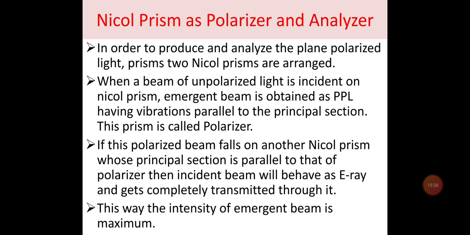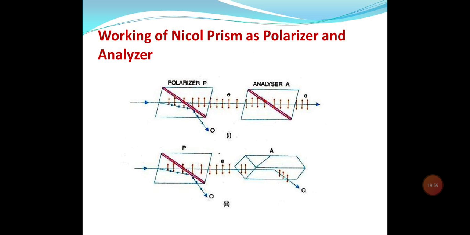Now if this polarized beam falls on another Nicol prism, acting as the analyzer, whose principal section is parallel to that of the polarizer, then the incident beam will behave as the E ray and will be completely transmitted through it. In this way, the intensity of the emergent beam is maximum. You can understand this phenomenon with the help of this figure. I have explained figure number 1, that is, the polarizer and analyzer having their principal sections parallel to each other.